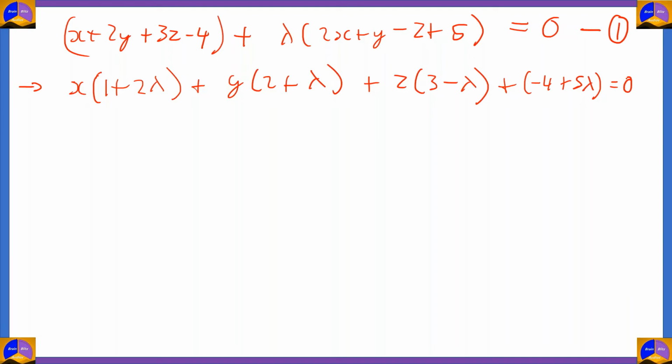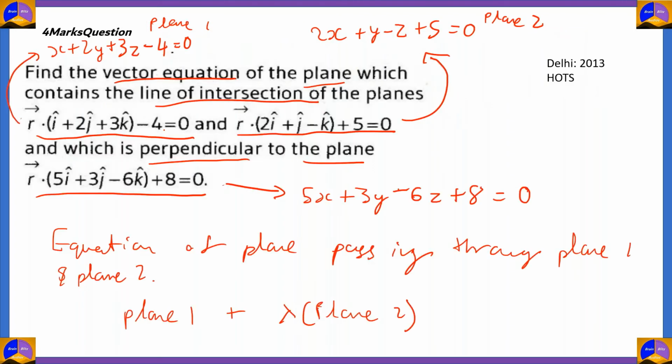So now let's write these as A1, B1, and C1. So in our question, the vector equation of the plane which contains the line of intersection of the two planes is perpendicular to a third plane.